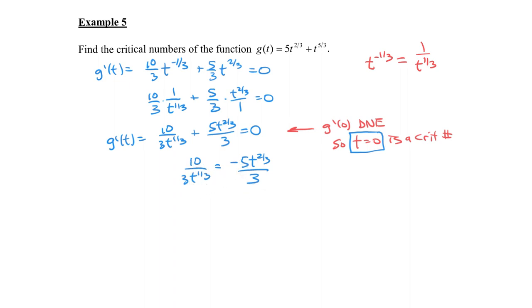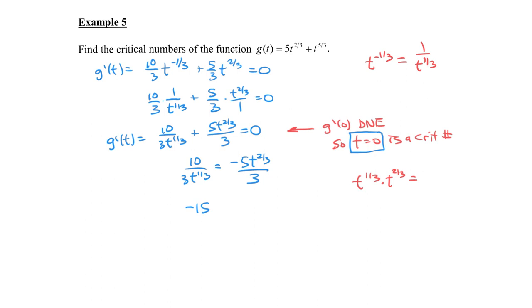So if we multiply crossways, I'm going to get this times this. I'm going to get negative 15t to the 1/3 times t to the 2/3.